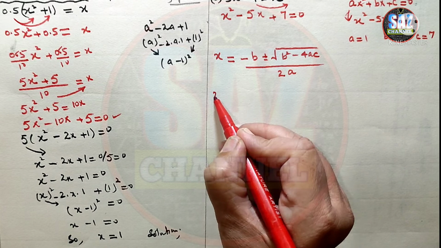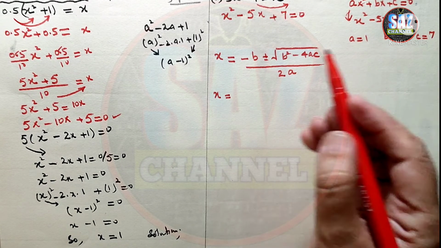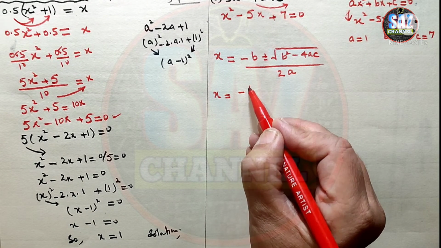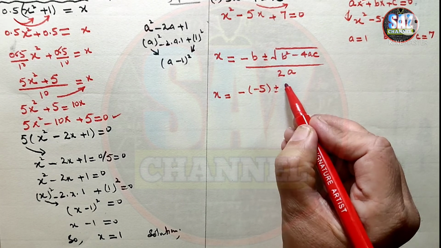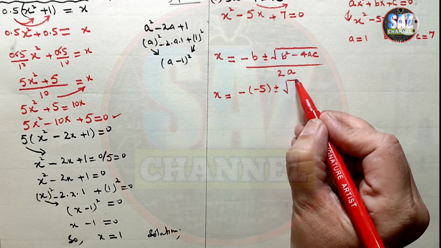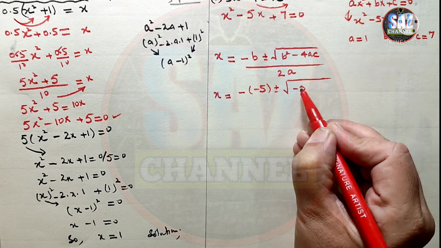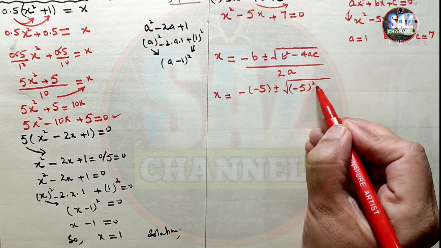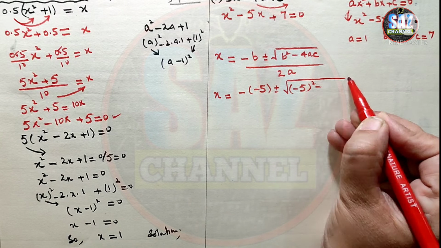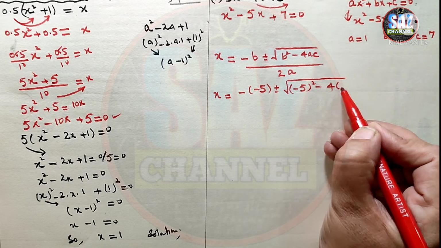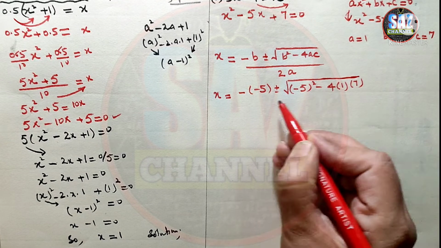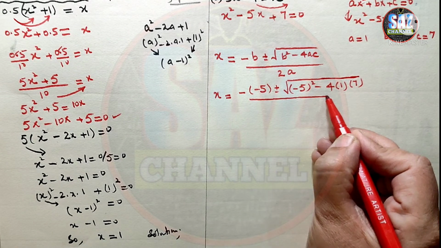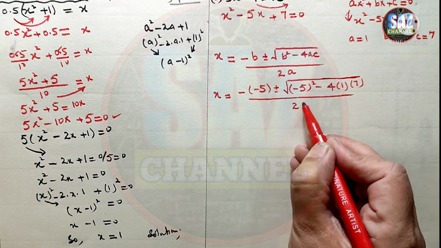Now x equals minus b, so minus the sign from the formula and then minus 5, plus minus the square root of b square, minus 5 square minus 4 into a, which is 1, and c, which is 7, divided by 2 into 1.